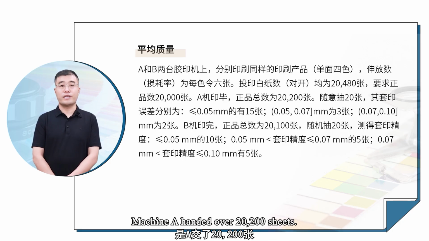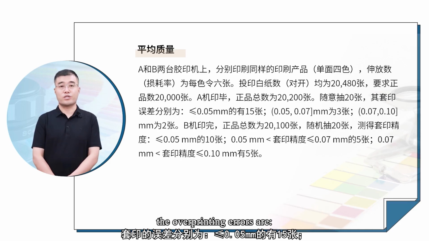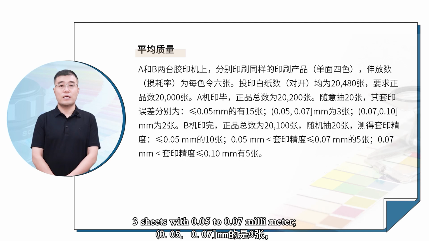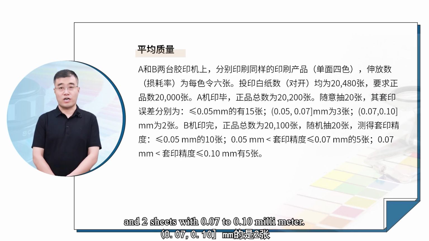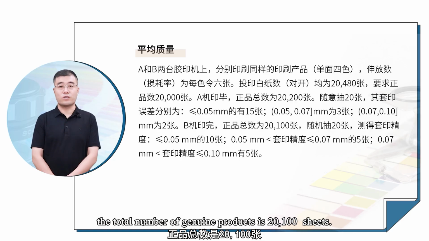Machine A handed over 20,200 sheets. Among the 20 sheets randomly selected from them, the overprinting errors are 15 sheets with less than or equal to 0.05 mm, 3 sheets with 0.05 to 0.07 mm, and 2 sheets with 0.07 to 0.1 mm. After machine B finishes printing and passes the inspection, the total number of genuine products is 20,100 sheets.